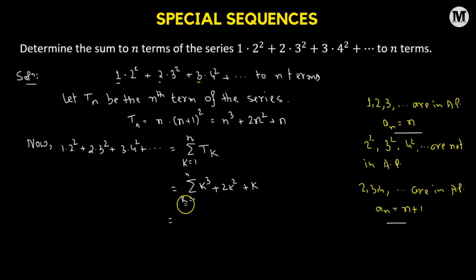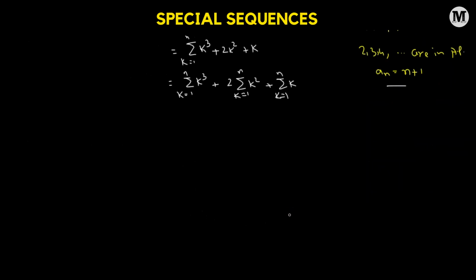Okay, so let's simplify the summation. Here we have the summation of k cube, where k goes from 1 to n, added to 2 times the summation of k squared, where k goes from 1 to n, added to the summation of k with k going from 1 to n. Now let's find out the values. So what is the summation of k cube?